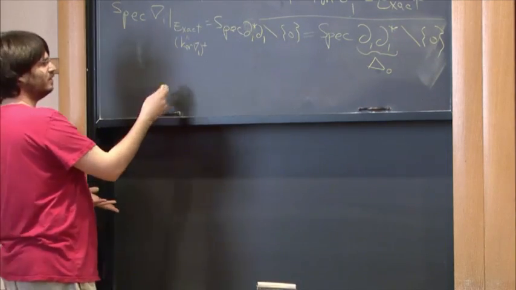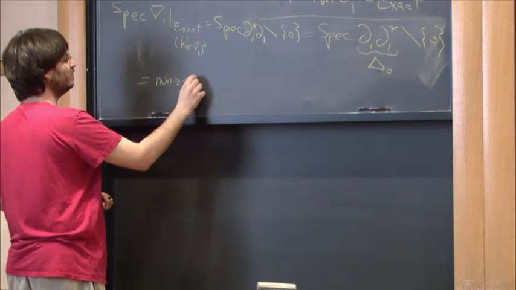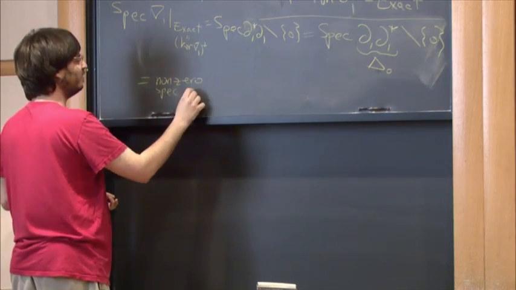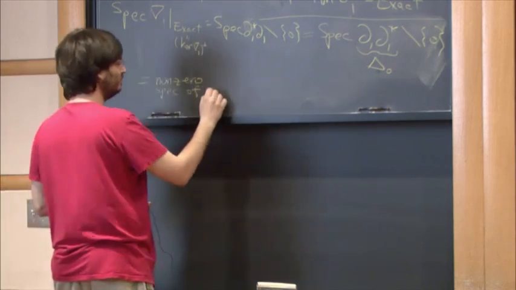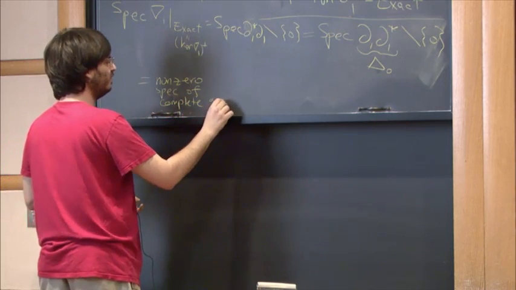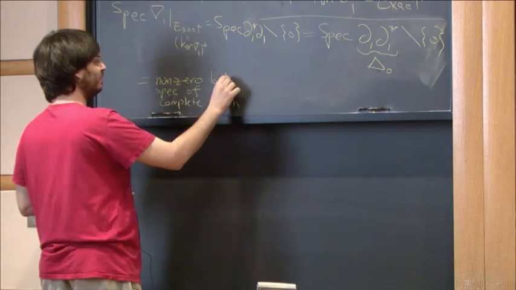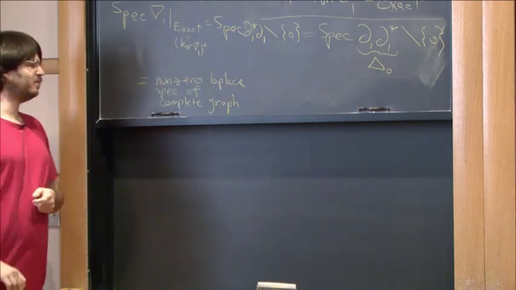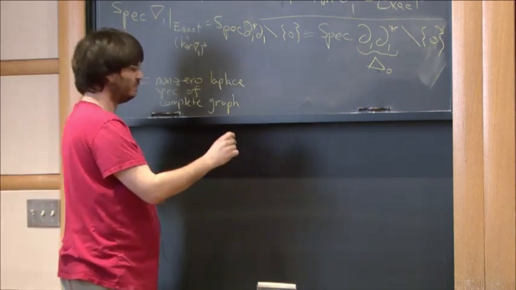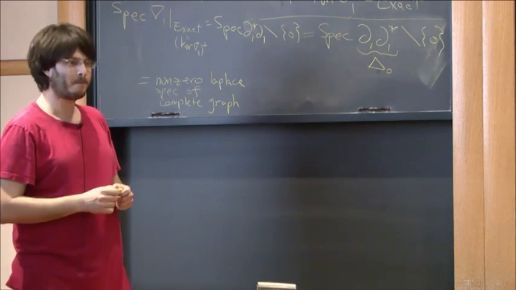So this is the non-zero Laplace spectrum of a complete graph, and of whatever underlying graph is there if you had a different skeleton.